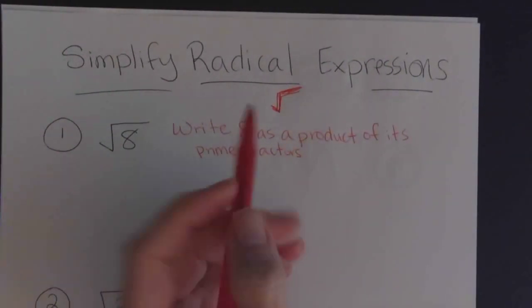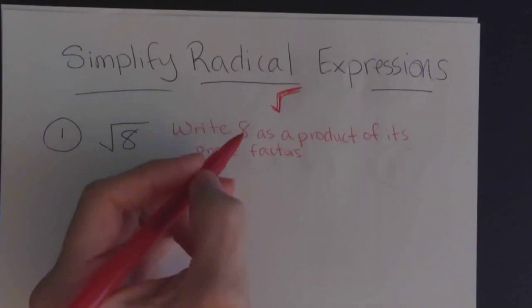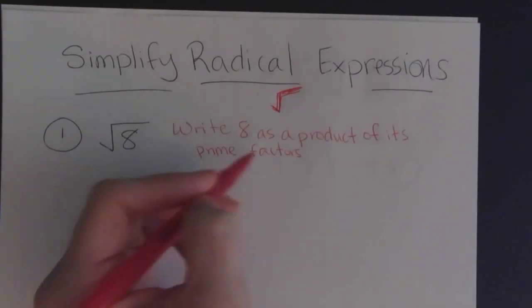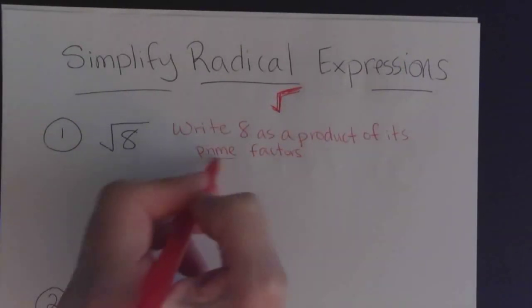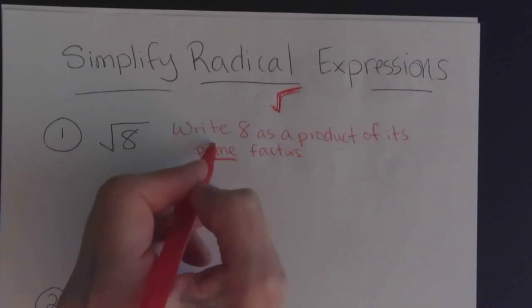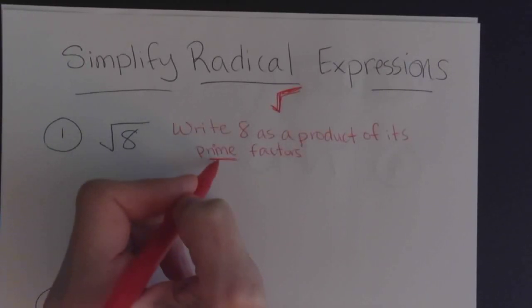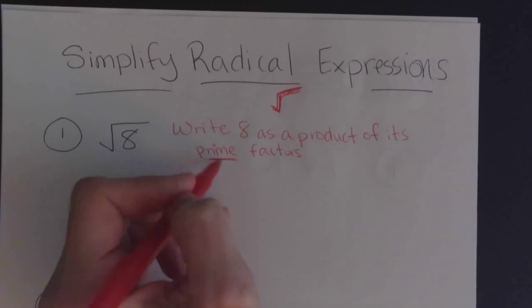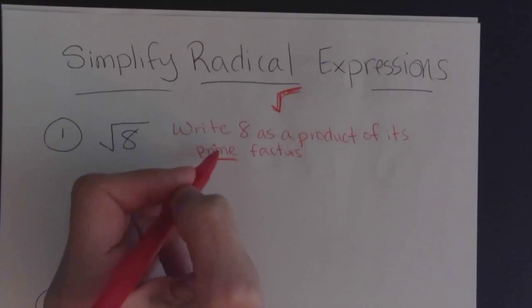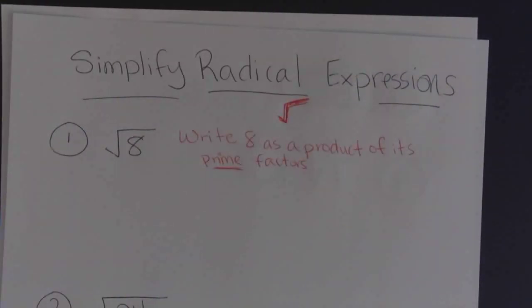Okay? So that just means numbers that get multiplied together to make 8. But each of those numbers that you're multiplying has to be prime. Okay? So prime means the number is only divisible by itself and 1. So like you can't go any further on a prime number, which I'll show you here.